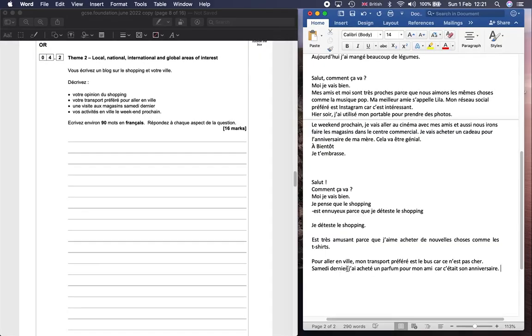Samedi dernier, j'ai acheté un parfum pour mon ami car c'était son anniversaire. OK.